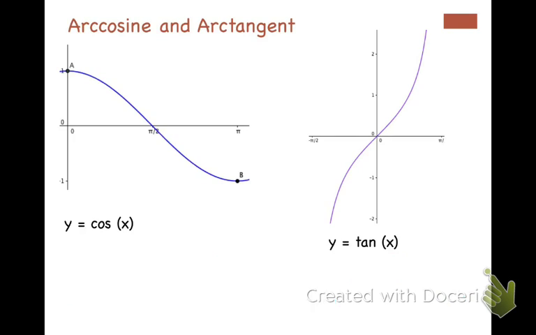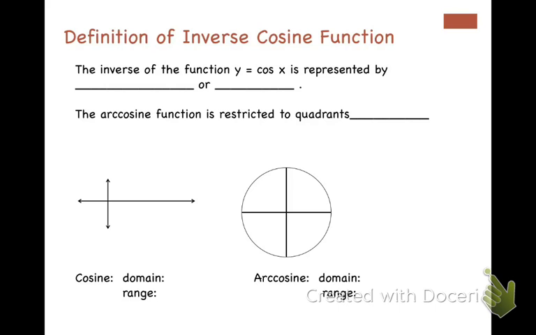So when I look at these in our quadrant form, the inverse of cosine, which is sometimes called arc cosine, so we'd say arc cosine of y is equal to x, or we would say x equals cosine inverse of y. That one's going to be restricted to the first and second quadrant. So we're going to look at the first and second quadrant only.